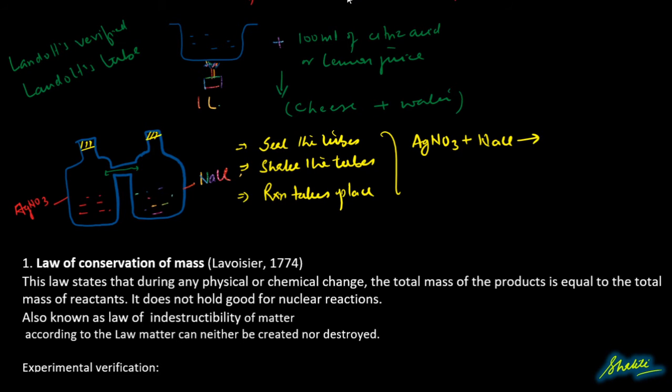What happens? AgCl, white precipitates are formed, plus NaNO3 is formed.